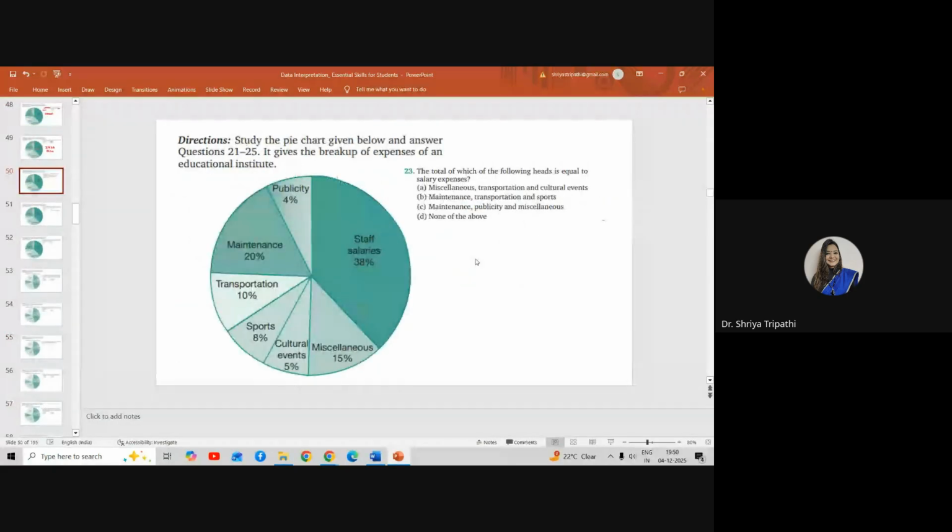The total of which of the following heads is equal to the salary expenses?